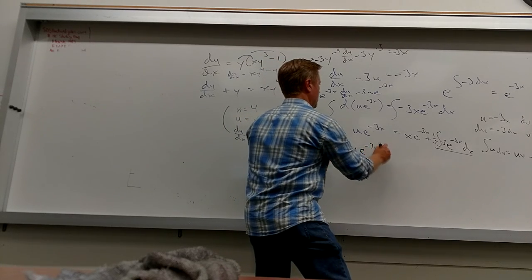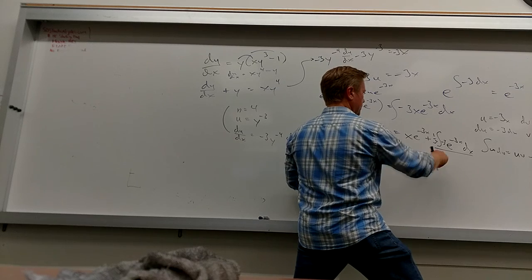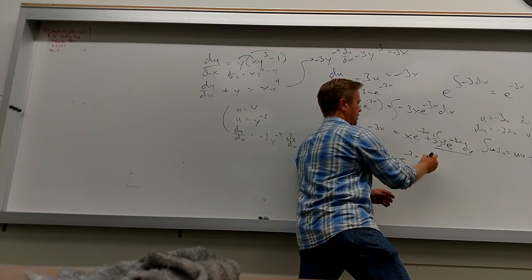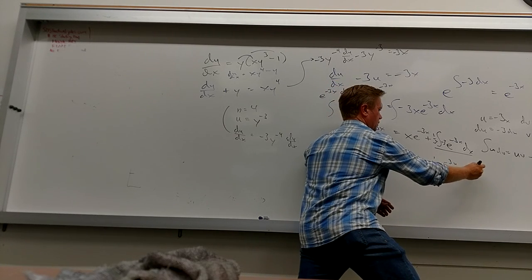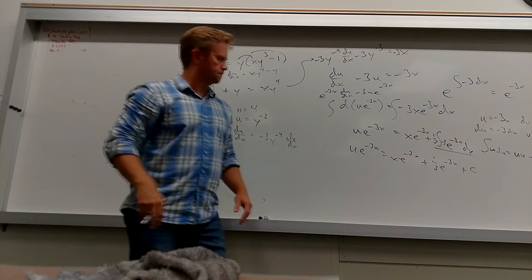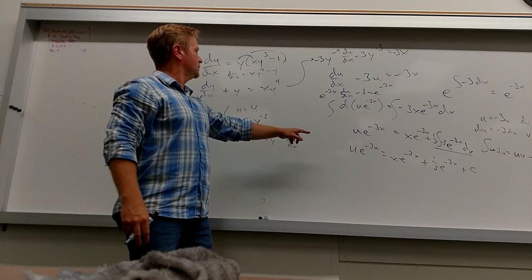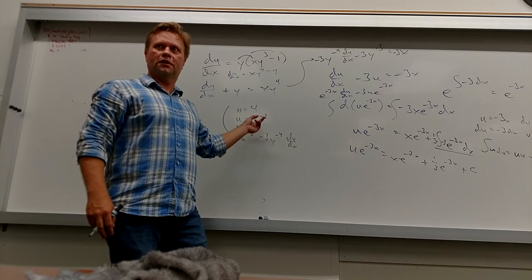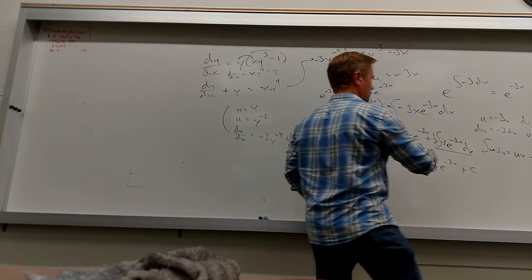u e to the negative 3x equals x e to the negative 3x minus the integral of e to the negative 3x, which is 1/3. Your v du?